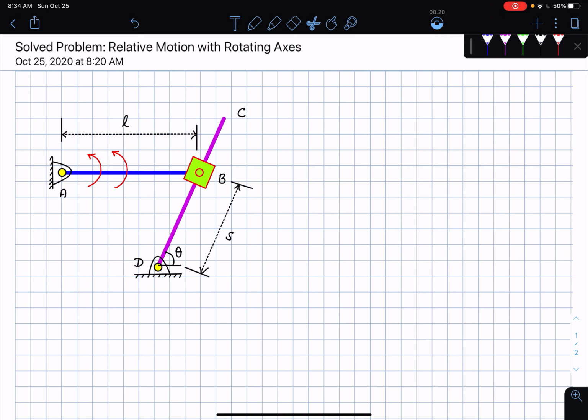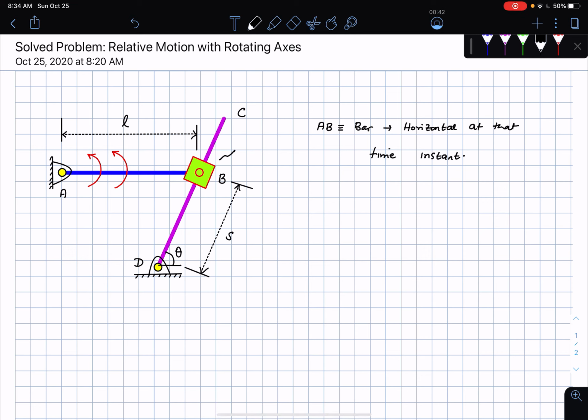So I have a bar AB first of all. AB is a bar, and it is horizontal at that instant in time. Then there is a collar, which you can see here.